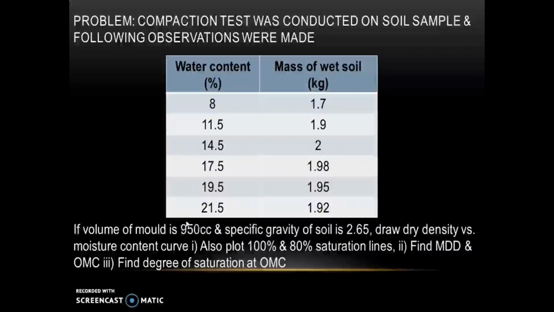Volume of mold is given as 950 cc, that is centimeter cube, and specific gravity of soil is 2.65. We need to draw the dry density versus moisture content curve, and we have to plot 100% and 80% saturation lines, and also we need to find MDD and OMC, and finally we need to find the value of degree of saturation at OMC.